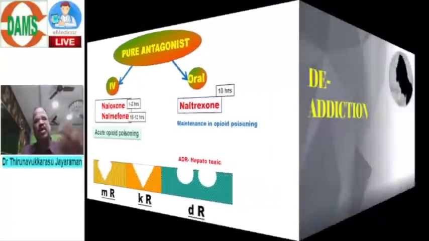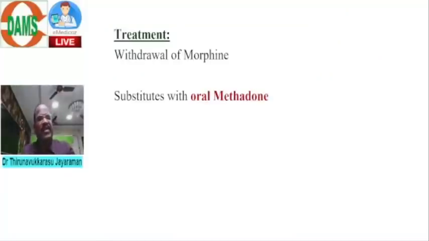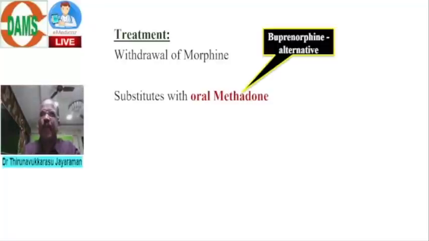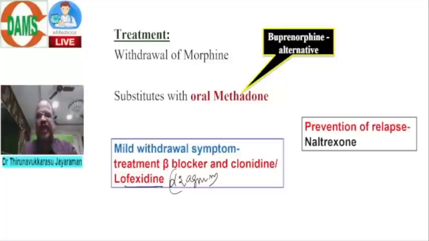And if the question is on de-addiction, remember, for de-addiction the best option will be methadone, or else we can try buprenorphine. After that, while stopping morphine, they go into withdrawal symptoms. The withdrawal symptoms can be treated by beta blocker or lofexidine. Lofexidine is an alpha 2 agonist, a new drug. And one more point, to prevent relapse, we have to put them on naltrexone.